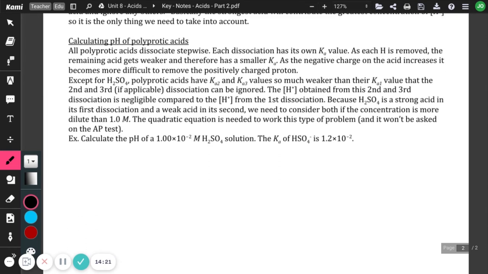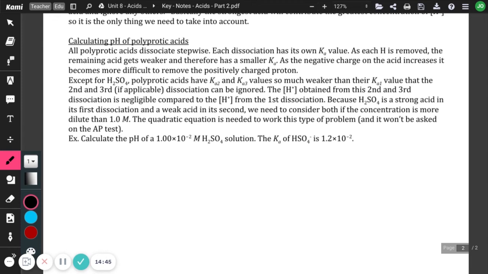Now, this very last thing is going to be the calculation of pH with a polyprotic acid. So basically, this is going to take a little bit of last lesson and the lesson for today and combine it. Basically, we know that a polyprotic acid is an acid that's got more than one hydrogen in it. And what we have to do is dissociate it stepwise.